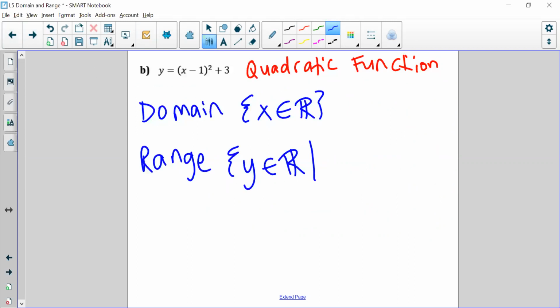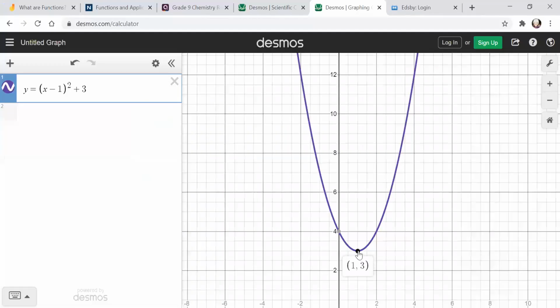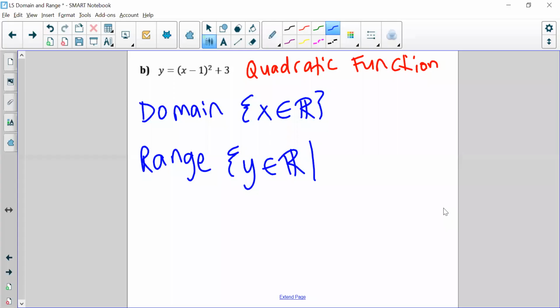Let me go back to my graph. Is y 3 and greater or is it 3 and less than 3? Greater. So the second part of my little math sentence here is that the limitation on y is that it's going to be greater than or equal to 3.